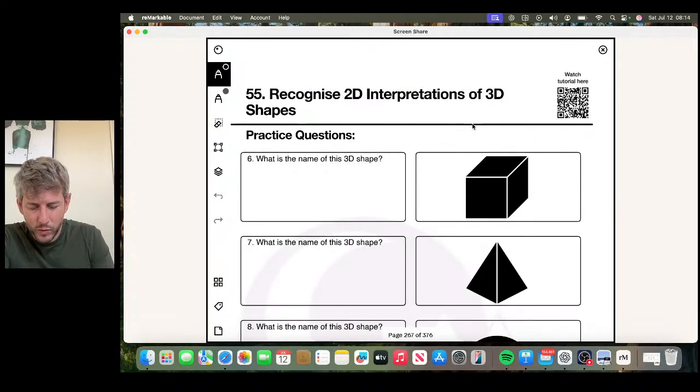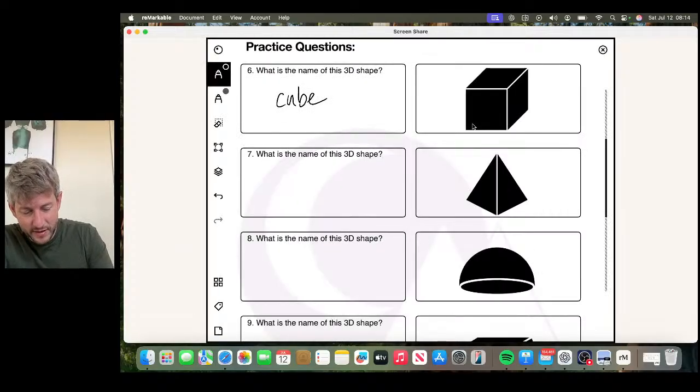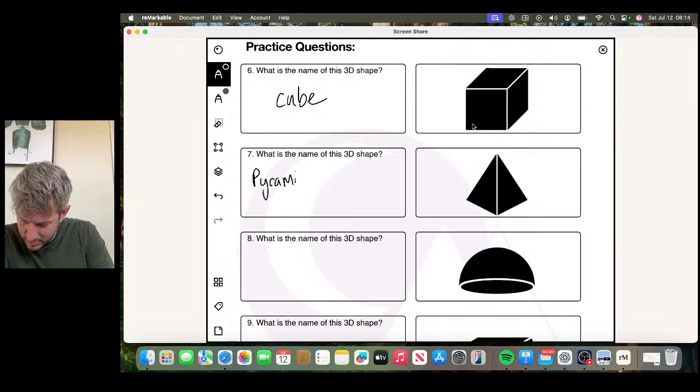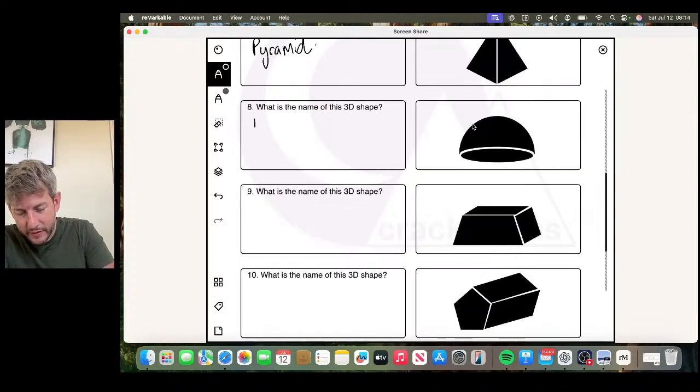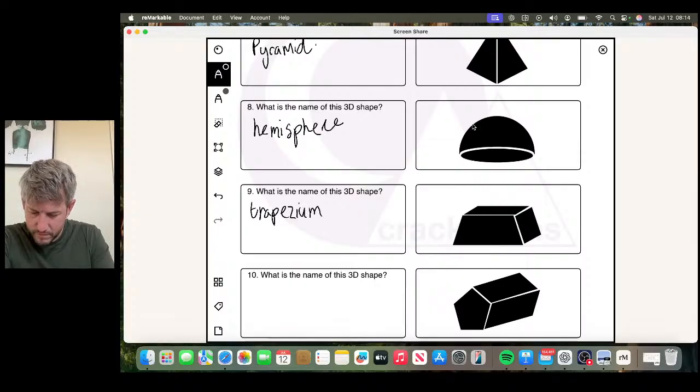This shape, all sides are the same, it's a cube. This is a pyramid. This is a hemisphere. This is a trapezium prism.